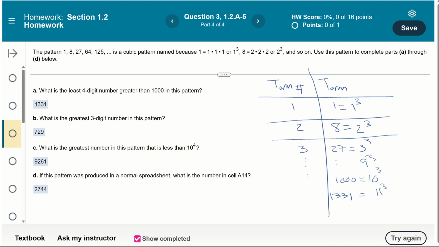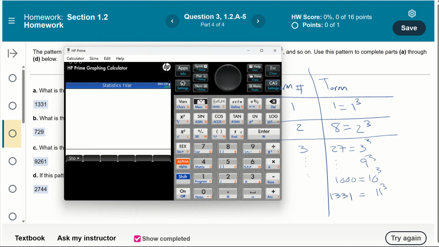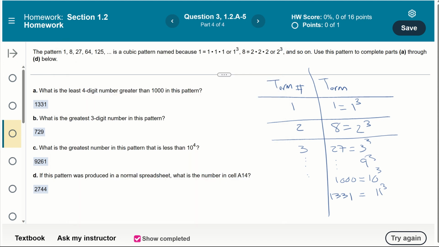So let's see what that is on a calculator. All you have to do is just take 9, raise it to the power of 3. And that's where you get your 729. And that's where that comes from.